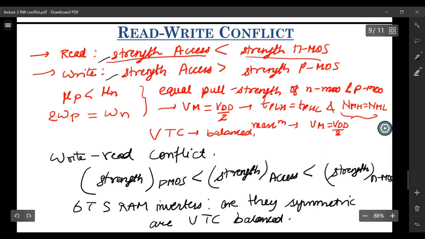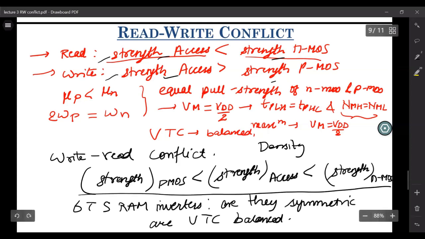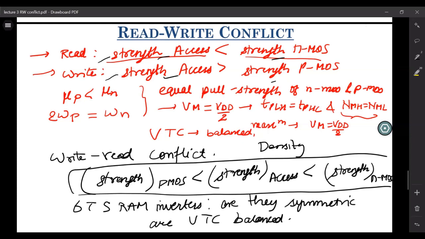Definitely no. At the same time, you want all these transistors to be minimum sized. Why so? To increase the density. So you want all these transistors to be as small as possible, and at the same time you have to satisfy this constraint. And this is the read-write conflict which you observe in your 6T SRAM cells.